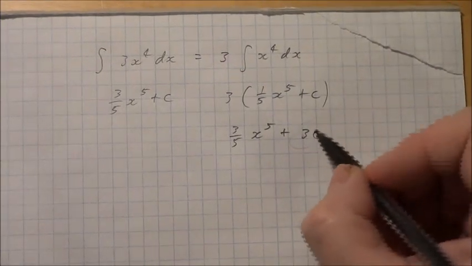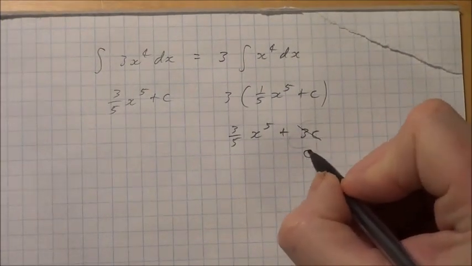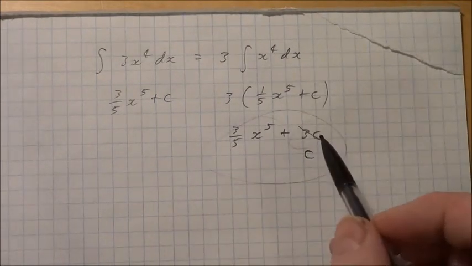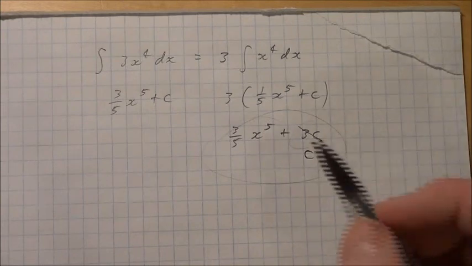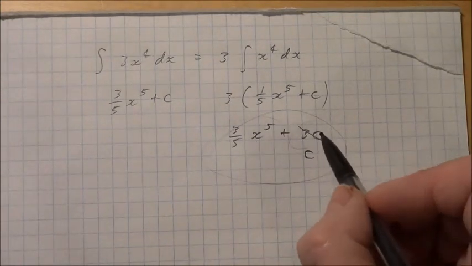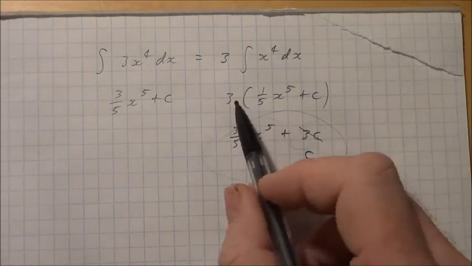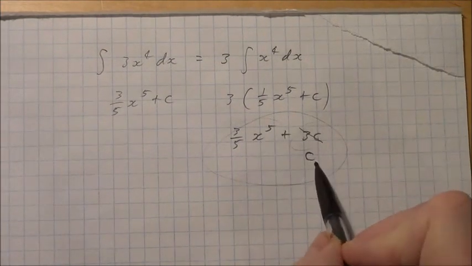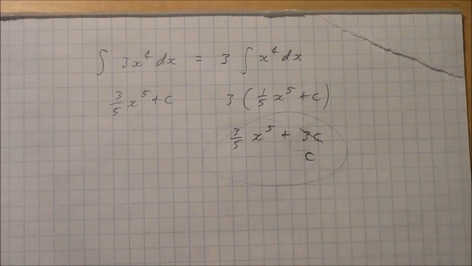We can just keep that as c, because it's still just a constant, and when you take the derivative of this, that constant is just going to disappear anyways. It's not wrong to write 3c in there, but in this case, we don't need it. Generally you will just write a c anyways, because it's just going to be a general constant.